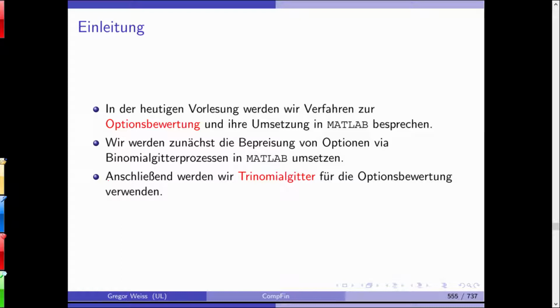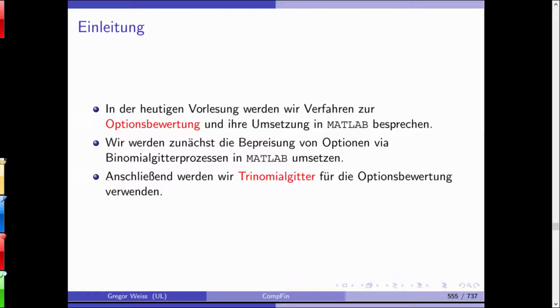Under this assumption, you do a delta hedging, and you get the Black-Scholes differential equation, which is solvable for plain vanilla options, but especially for exotic options the differential equation has no solution, and you need numerical methods to come up with an option price. That is usually what is referred to as computational finance.